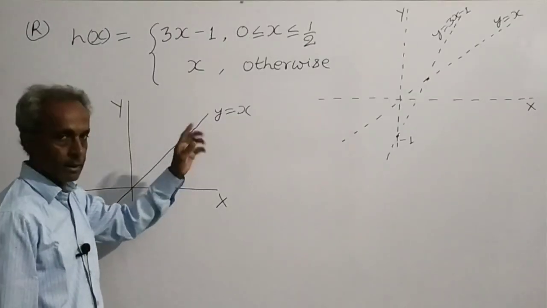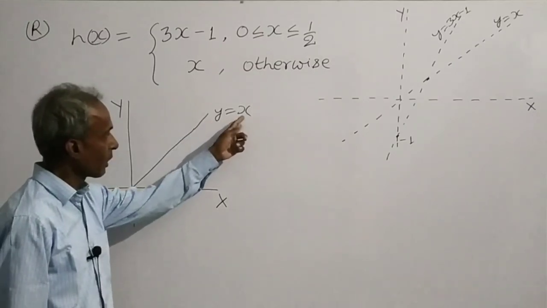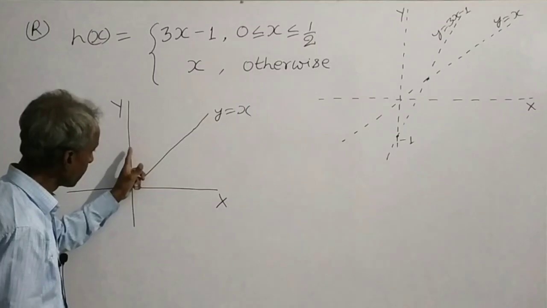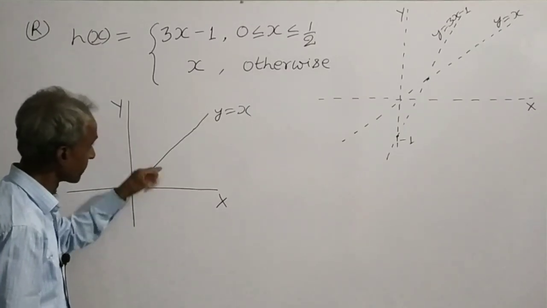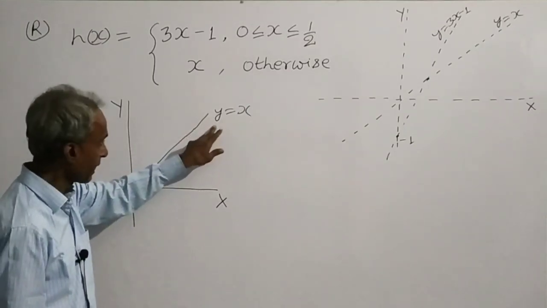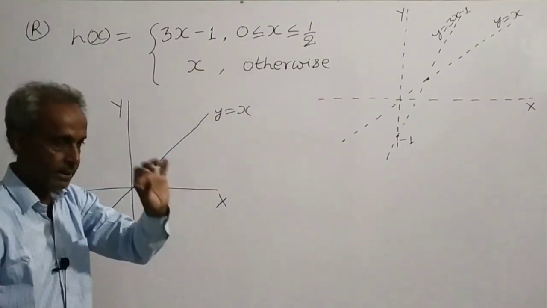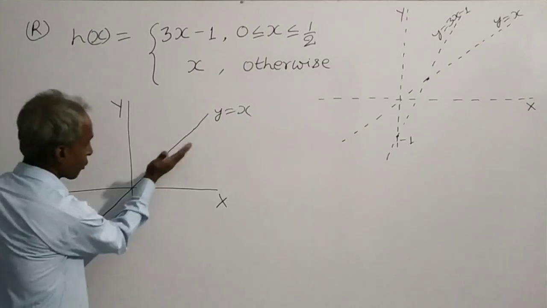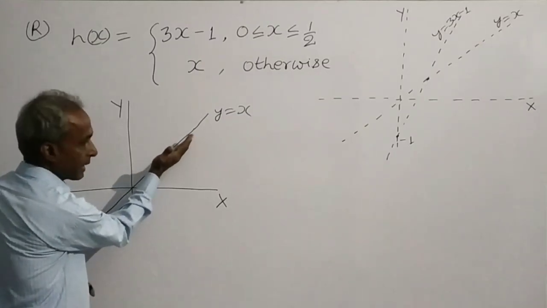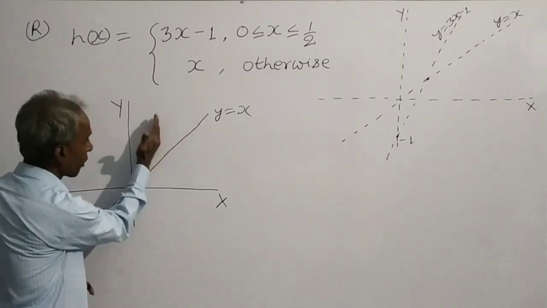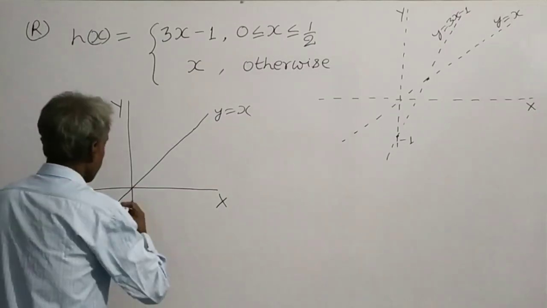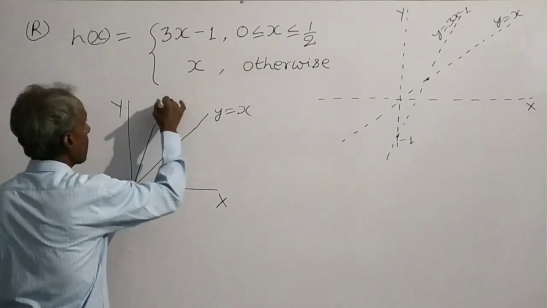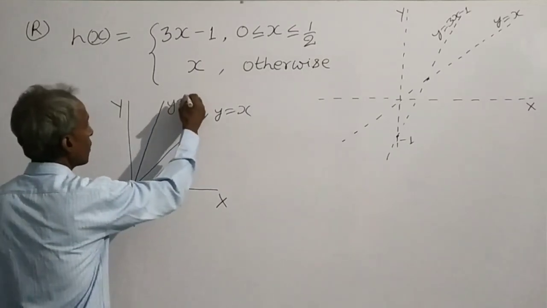This is the line y equals x, bisecting the angle between the x-axis and y-axis. This is a straight line, the line y equals x. When we rotate this line a little in the anti-clockwise direction, then this line is y equals 3x.